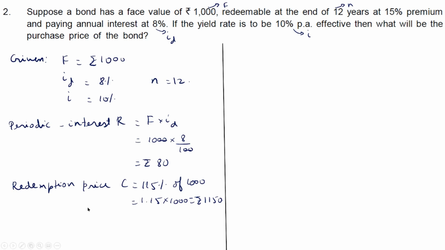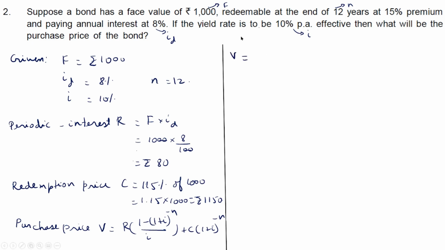So this is the redemption price. And now we can write the purchase price V. Purchase price V is equal to R into 1 minus 1 plus I the whole raised to minus N upon I plus C into 1 plus I the whole raised to minus N. So we have all these values here. When we substitute each of these values, we will be able to find V.